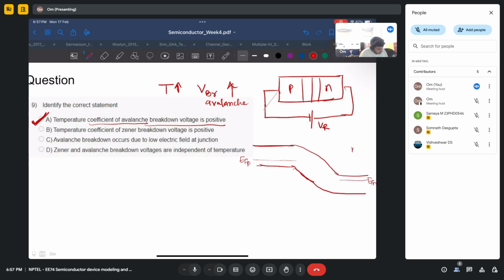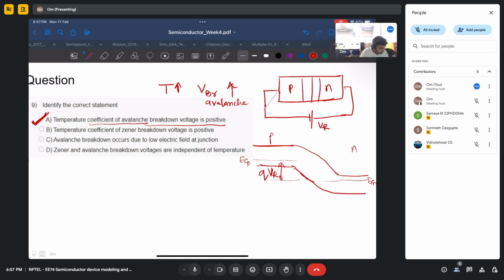This is N side, this is P side. In reverse bias, this will be your applied reverse bias VR. What happens in this reverse bias?